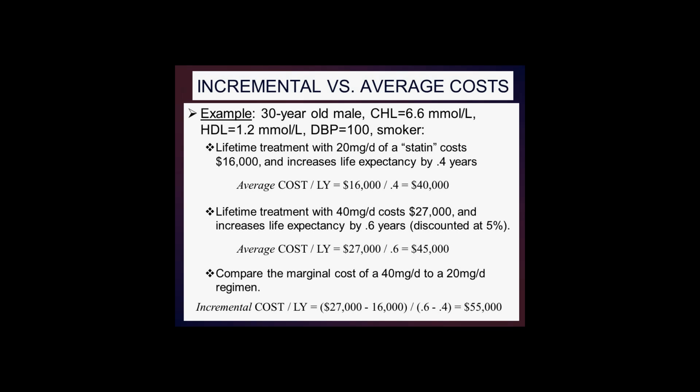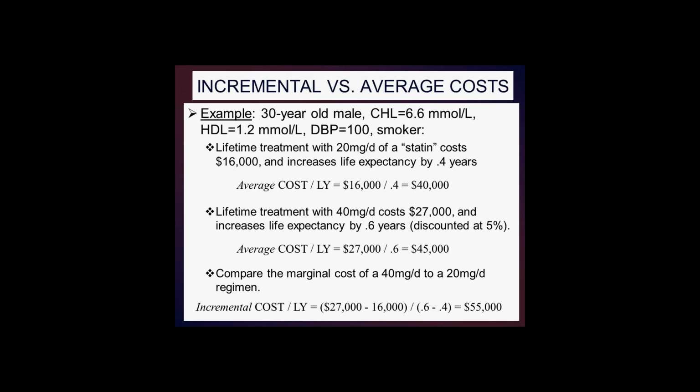So it looks like, and some people will calculate a ratio. You see this in the literature, not infrequently, but they'll report that number, the $45,000. If my threshold, my budget constraint says if it costs more than $50,000 per life year, then it's not a good deal. Says, oh, well, this 40 milligrams makes sense, okay?